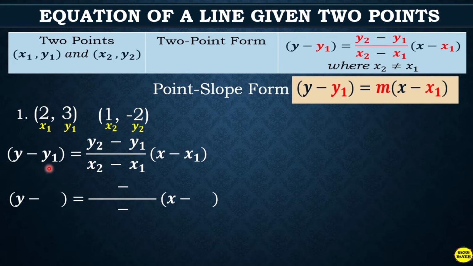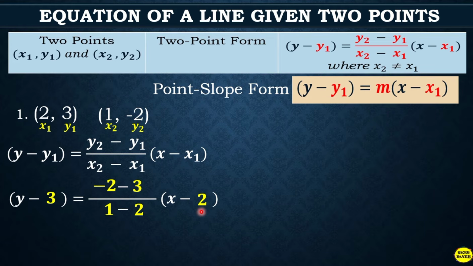So, your y sub 1 is 3. Isa-isa nating ilalagay. Ito ay y sub 2, so your y sub 2 is negative 2. Okay, so madali lang siya, no? Susundan mo lang ito. Okay? And then your y sub 1 is 3. Your x sub 2 is 1. Your x sub 1 is 2. And then here, your x sub 1 ulit is 2.